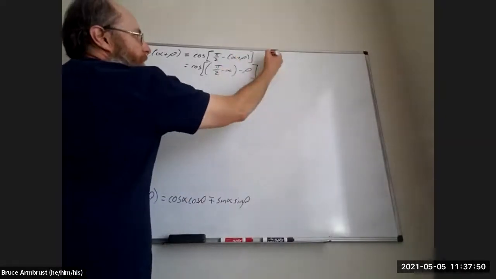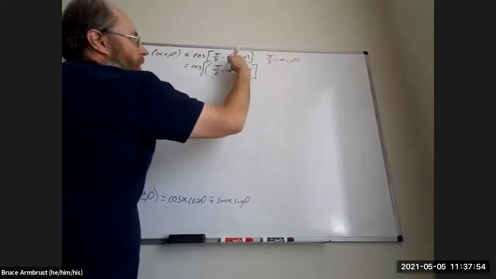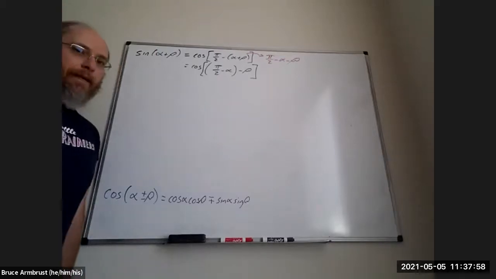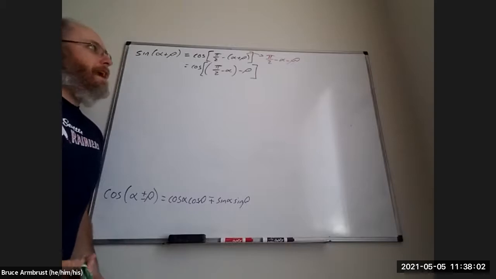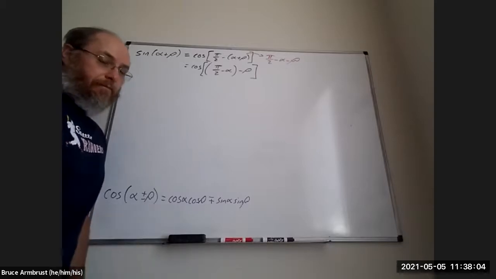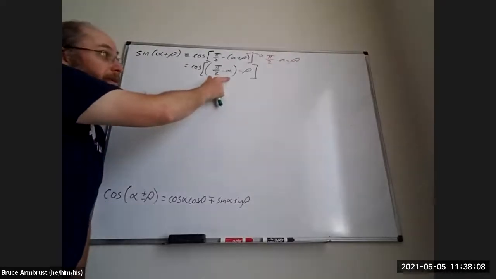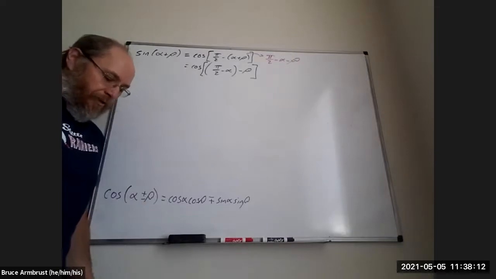With the subtraction, if I pass that subtraction through, I would get pi over 2 minus alpha minus beta, right? Distributing the minus sign. And then I just grouped it differently. I took the first two, stuck them together, and then subtracted beta. Okay, so just a little bit of an algebra trick.